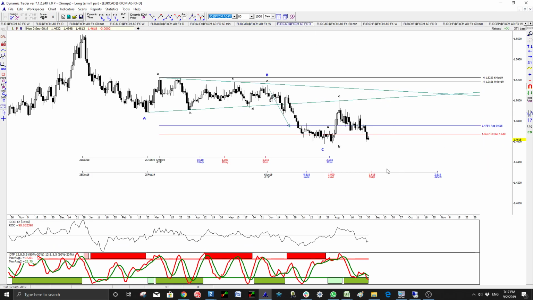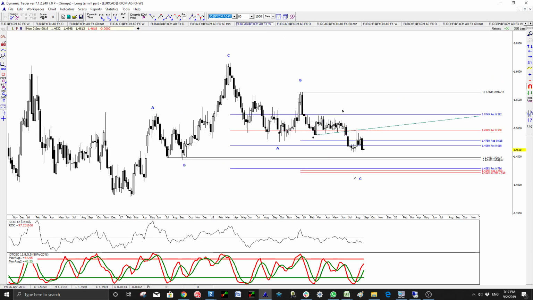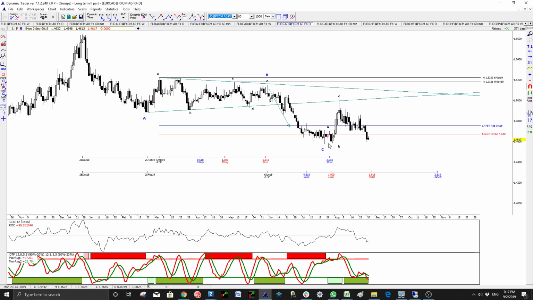Daily chart had the ABC done, which was this one over here, right? ABC done. It didn't go all the way to the B wave high, but it made the 50%, actually more than 50% retracement of the C wave down here.